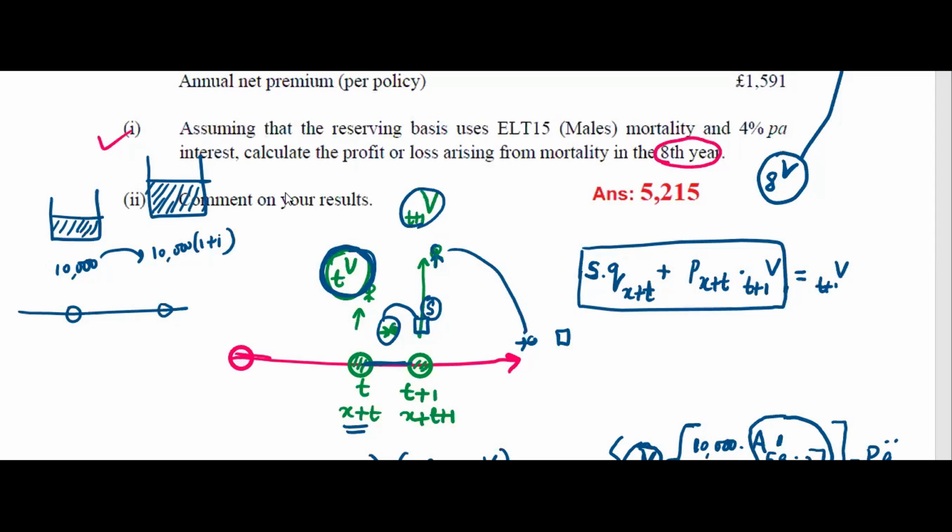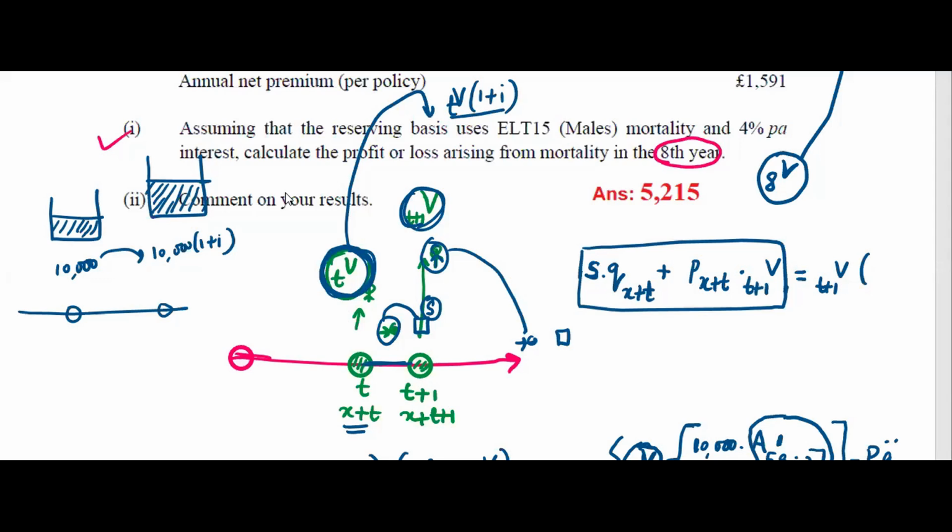that reserve grew to, at this point, not Vt plus 1. We want Vt plus 1 here. That's a separate thing. And not for all, only for those who will survive. So the death benefit you have to pay. Whatever reserve you kept, you bring that reserve here, and that will earn interest. If that sits in a bank, it will definitely gain interest, and the reserve grows.